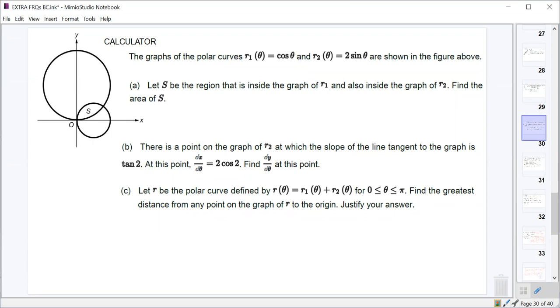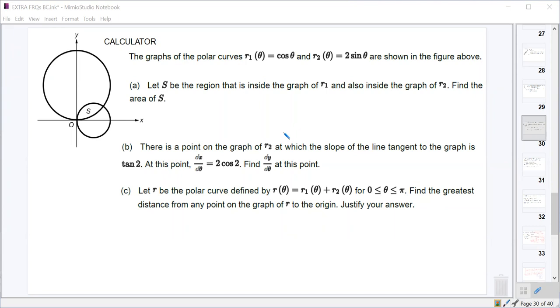Cosine theta should be the one on the right, the smaller circle, in the quadrants where cosine is positive. And then our 2 sine theta one is our bigger circle. And so we are then looking at the region S that's between the two of them. We want to find the area of S.